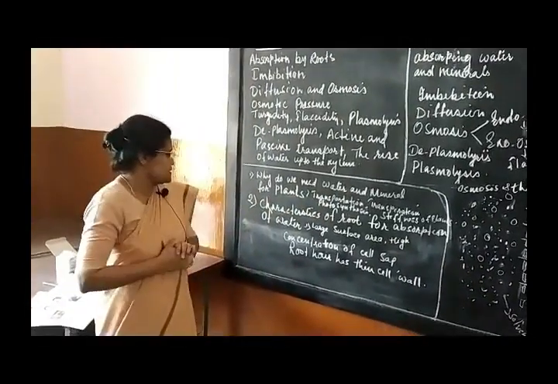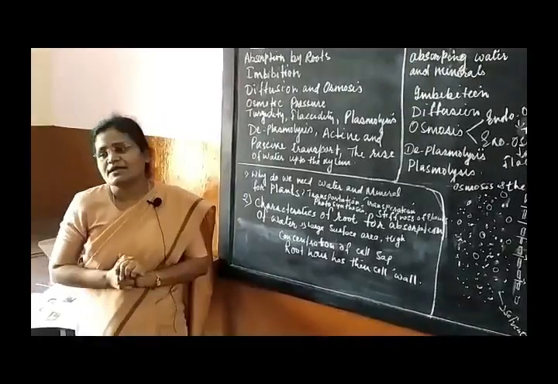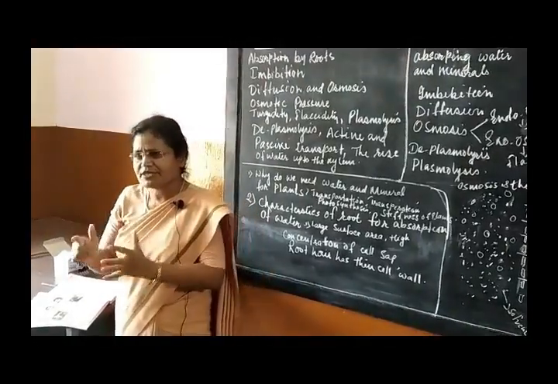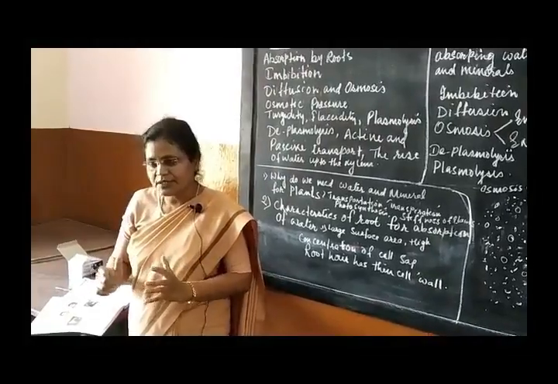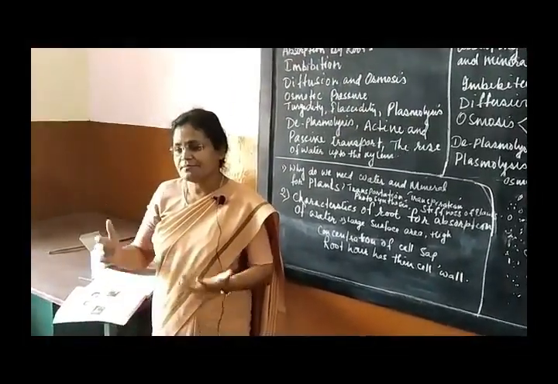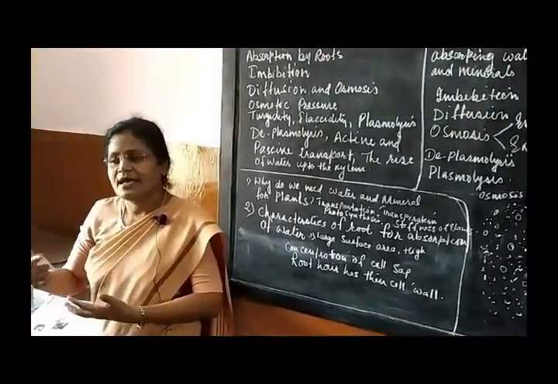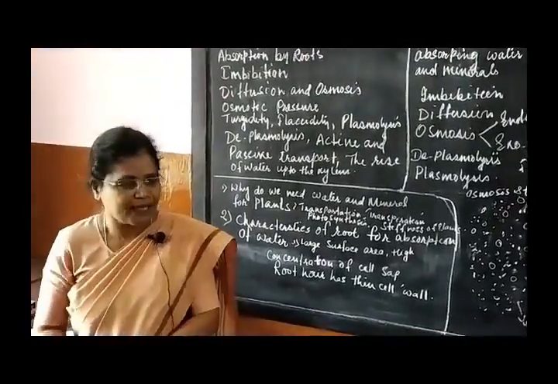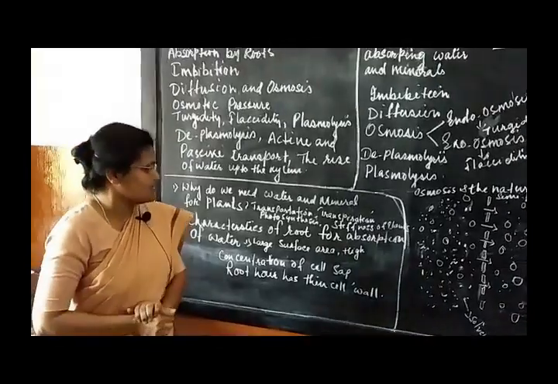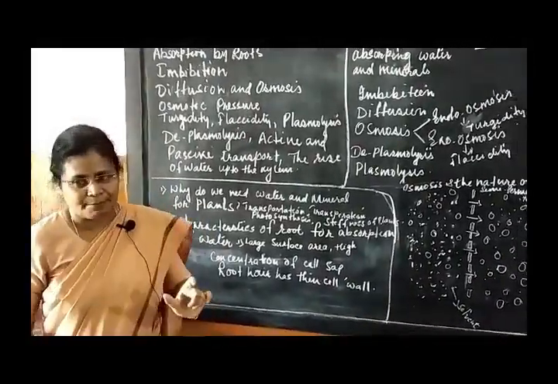Now what are the other purposes? We need water and mineral for different functions. The plant grows, gives flowers, fruits and seeds. Various activities are happening in the plant, so the plant needs water and mineral for various purposes.